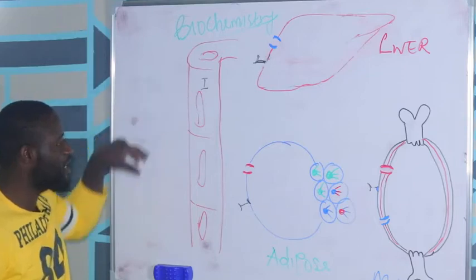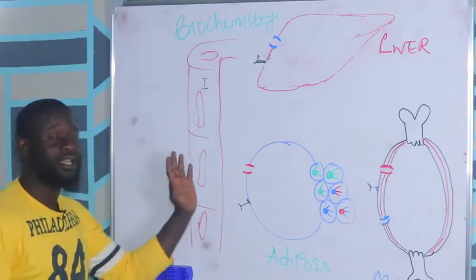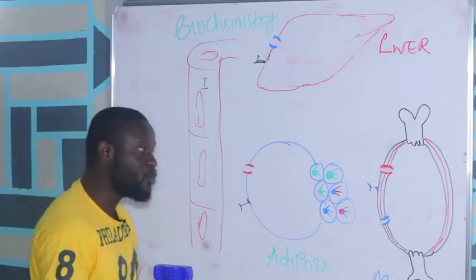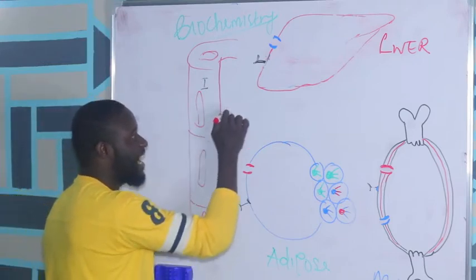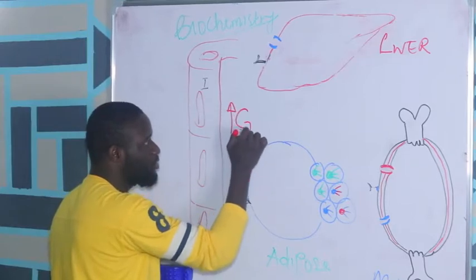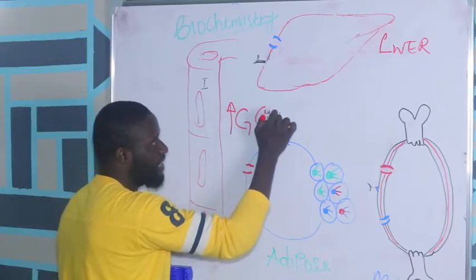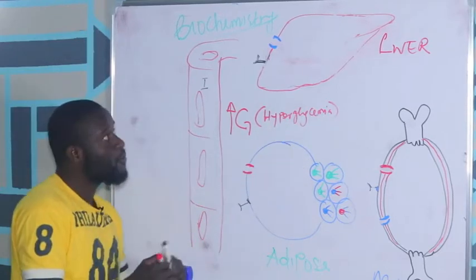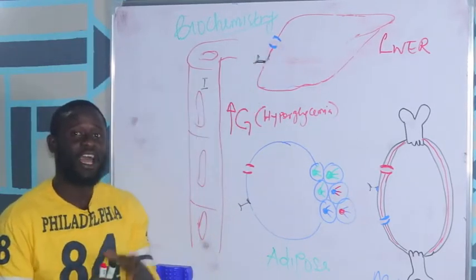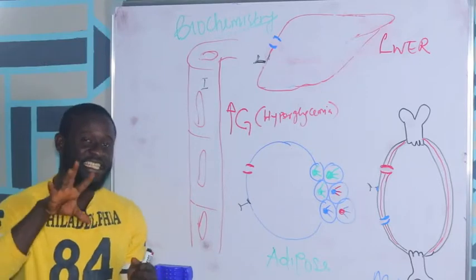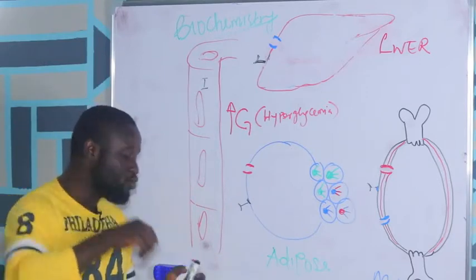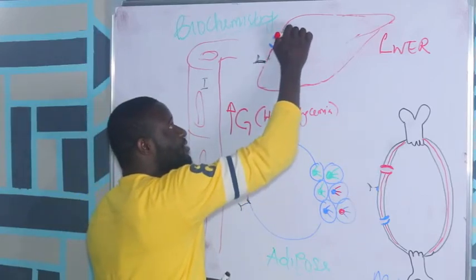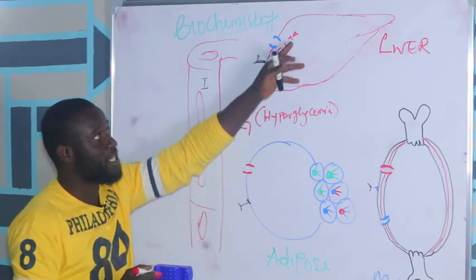So now we have insulin in the bloodstream, and now let's see how insulin comes into the liver and what it does. Do not forget, the stimulus for the production of insulin is high blood sugar, high glucose, as a result of hyperglycemia. On the body of the liver, we have this special receptor called GLUT2, glucose transporter type 2.